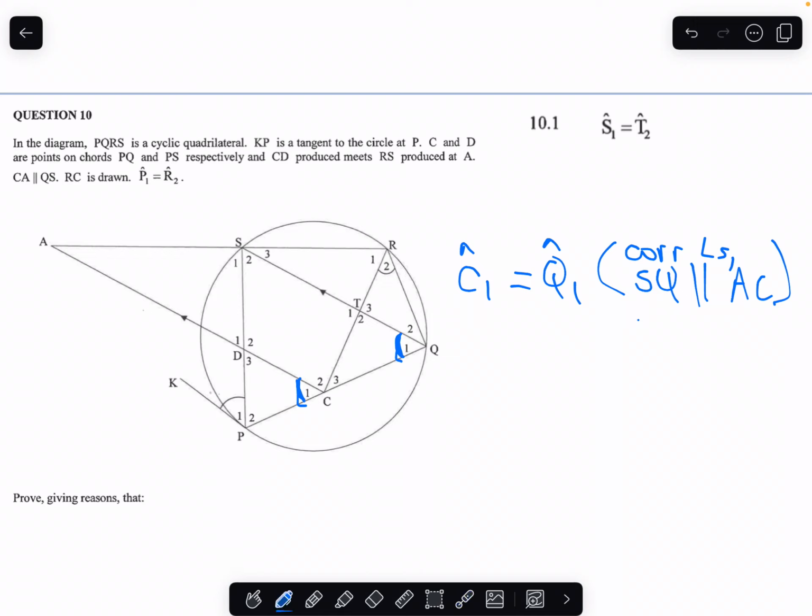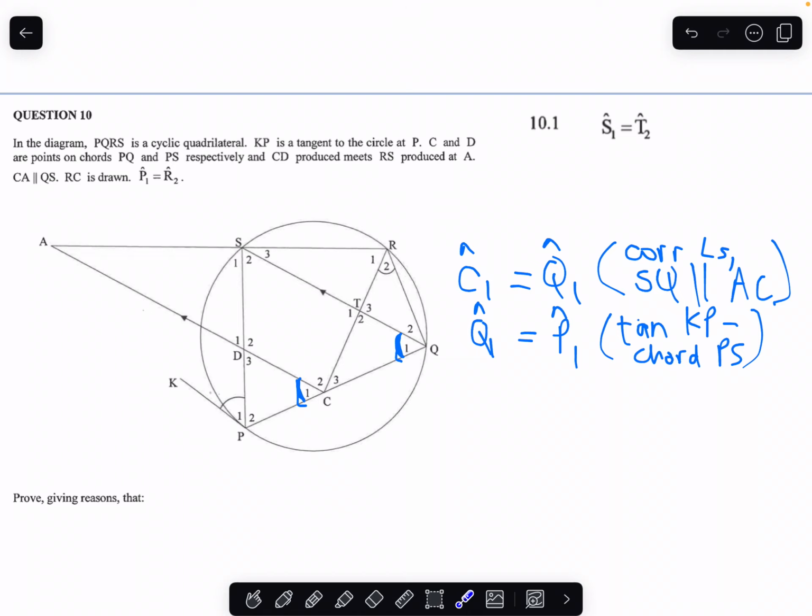Right. So, we also know that Q1 is equal to P1 because of the tangent KP meeting with the chord PS and the chord PS subtending the angle Q1 in the alternate segment. Right? But we know that P1 and R2 are the same.